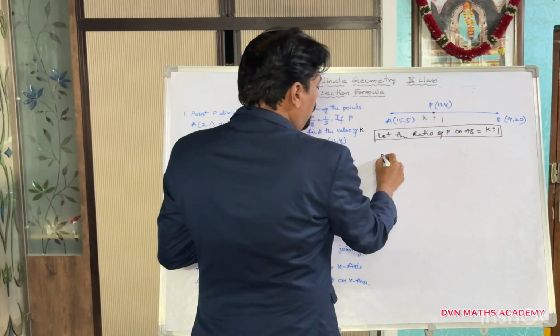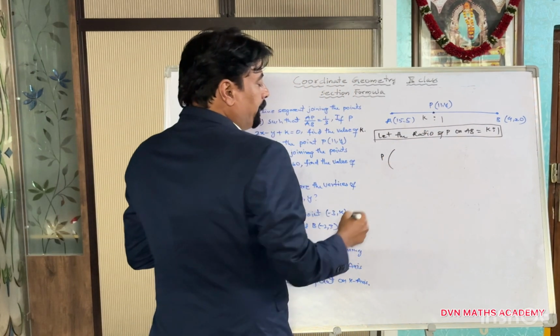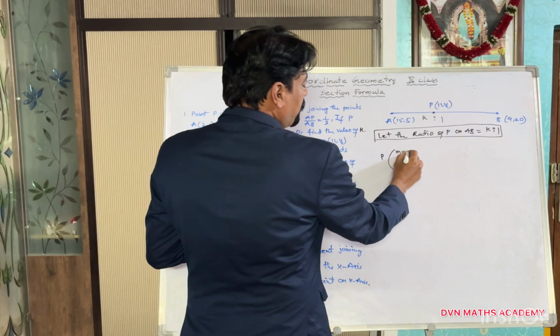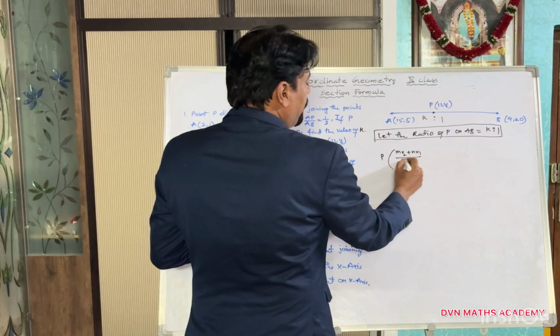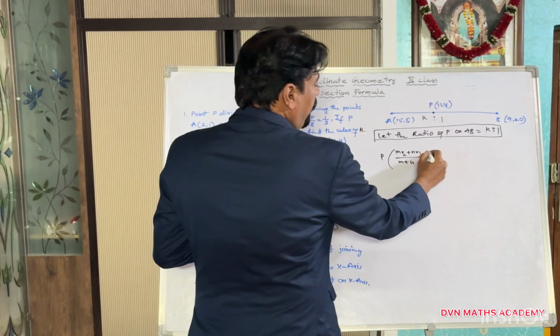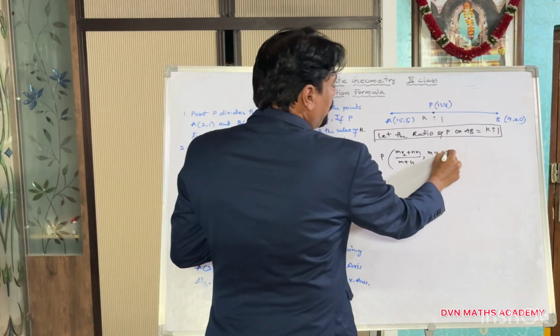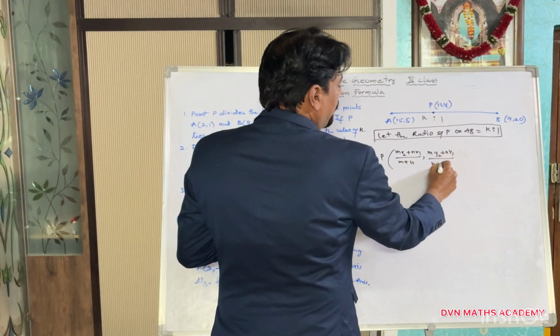Now, according to the given question, point P is, my formula, (M into X2 plus N into X1) by (M plus N), comma, (M into Y2 plus N into Y1) by (M plus N).